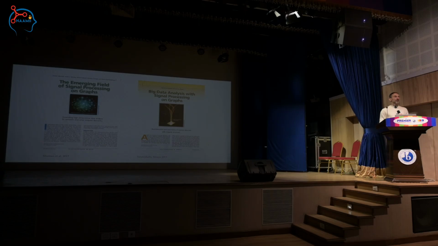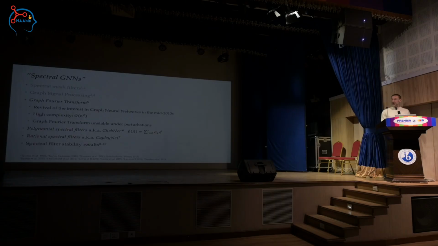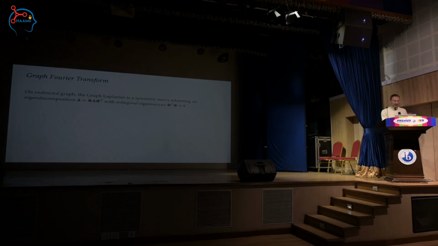That roughly coincided with the deep learning revolution, and this also gave inspiration to the design of convolutional architectures that just try to implement convolution on graphs using the non-Euclidean signal processing. It was the revival of the interest in graph neural networks. As I said, it has high complexity. It's not used in practice. It's good to derive formulas, or it was the initial set of works that now have been substituted by other ways. And there are many ways of designing these filters.